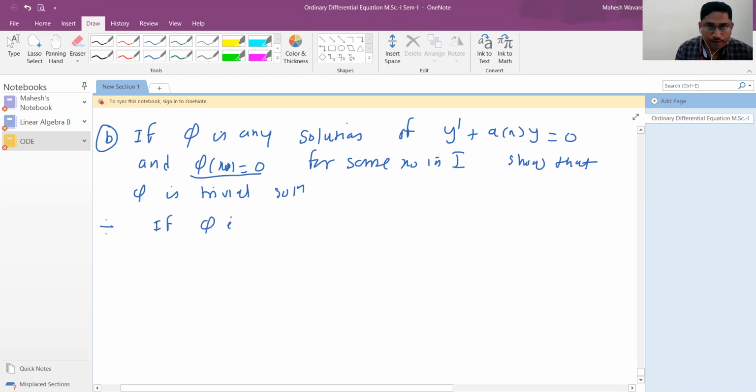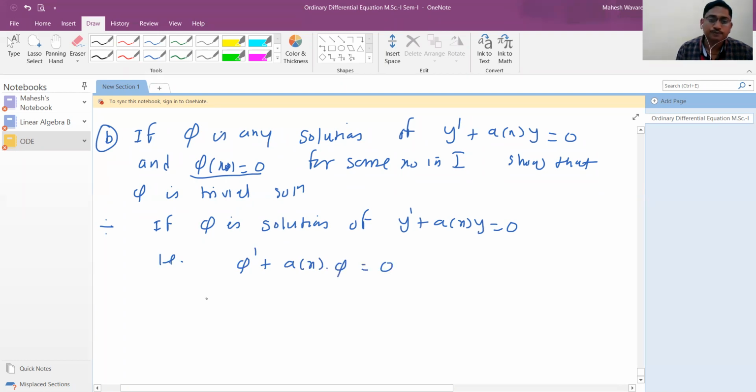If phi is a solution of the given equation, that means phi dash plus a of x into phi is 0.